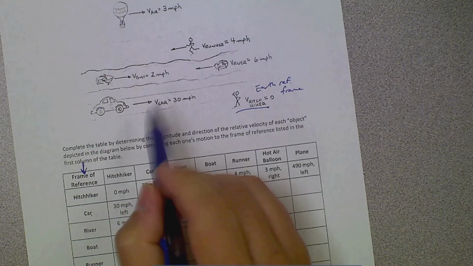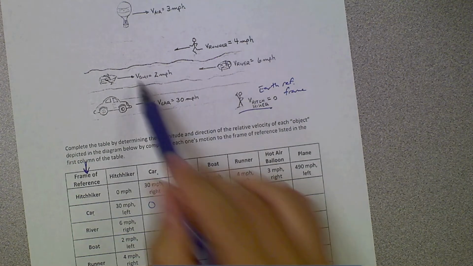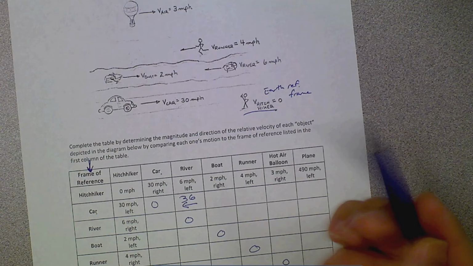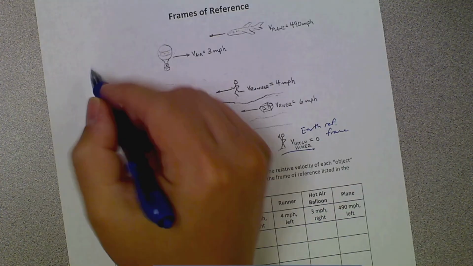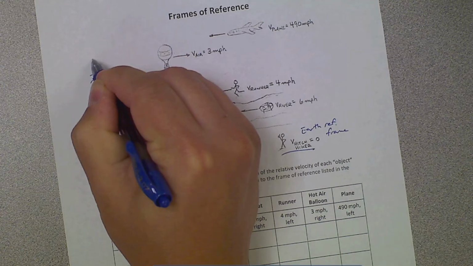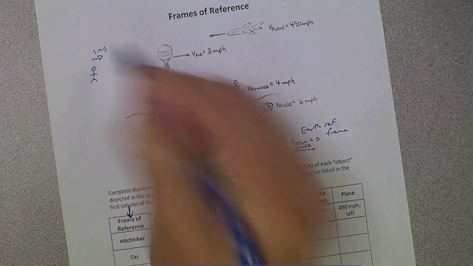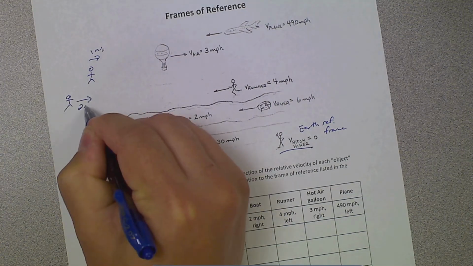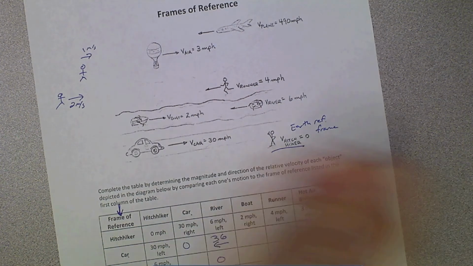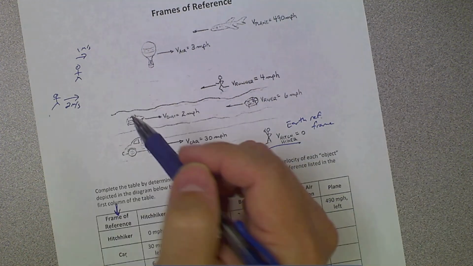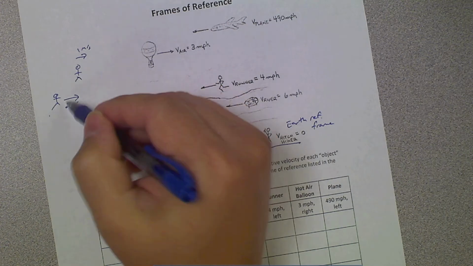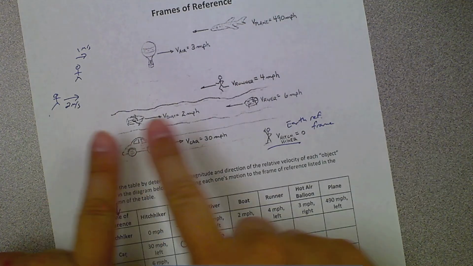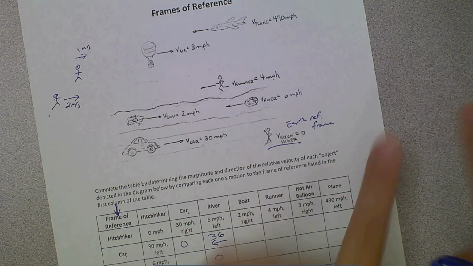All right, so car and boat. So here's the car, here's the boat. So now they're going the same direction. So this is like the example where if you pass by somebody slower than you in the hallway. So like here's a person walking 1 meter per second in the hallway. And here's you walking 2 meters per second. When you pass this slower person, 1 of your meters per second basically cancels out, because it's like if you were walking right next to somebody in the hallway at the same speed, you would both look 0.